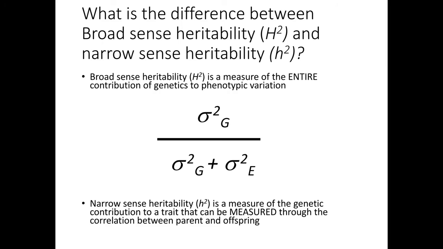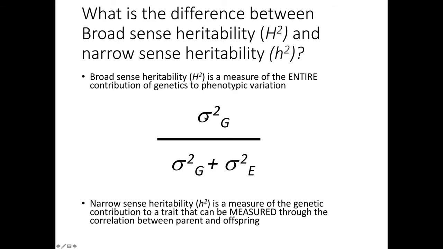Okay, so this is an abstract concept, and I want to narrow it down a little bit. What is this difference between broad sense heritability, which I was calling big H squared, and narrow sense heritability, which I've been calling little h squared? I'm bringing back the definition of broad sense heritability. Broad sense heritability, big H squared, is a measure of the entire contribution of genetics to phenotypic variation.